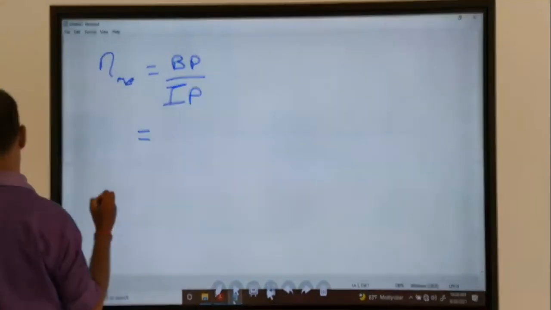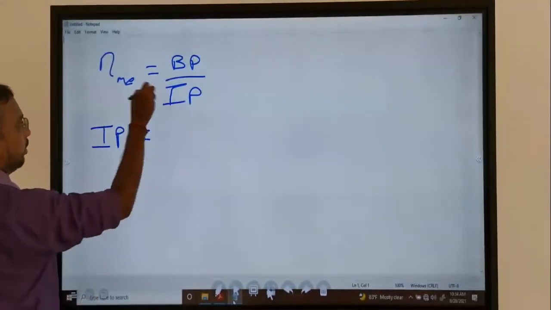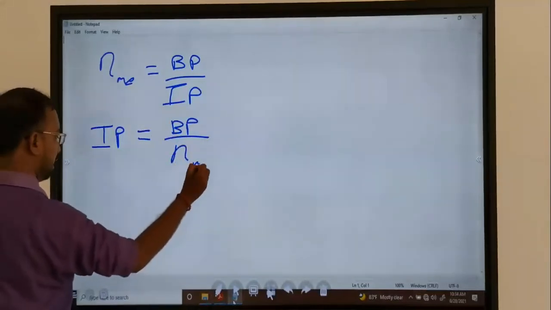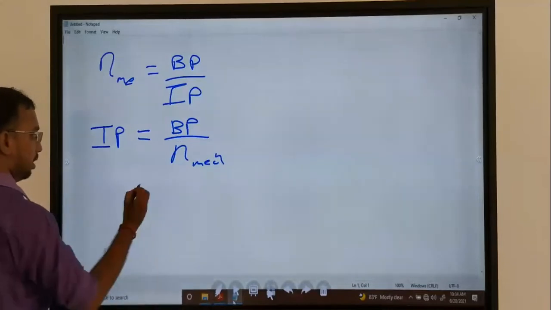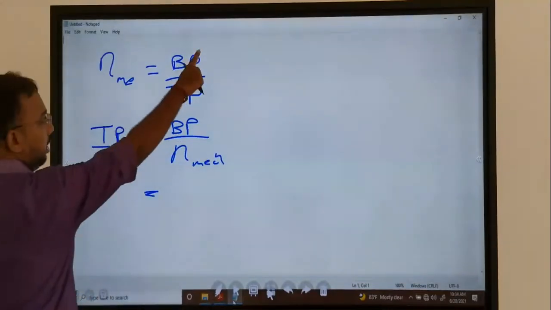So we need the indicated power, which is brake power divided by mechanical efficiency. We already know the brake power. I told you both can be used in kilowatts.